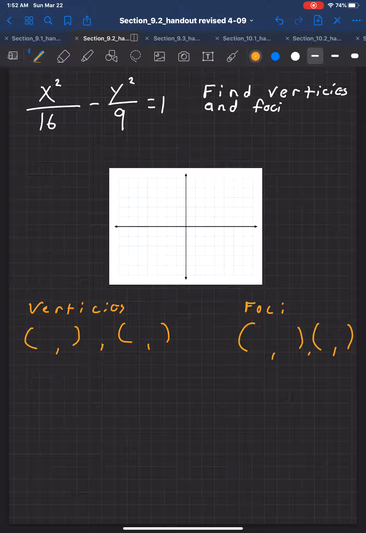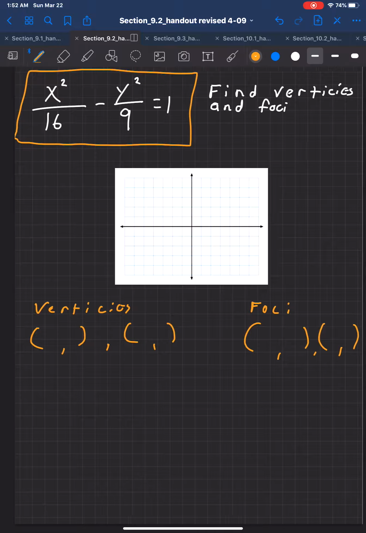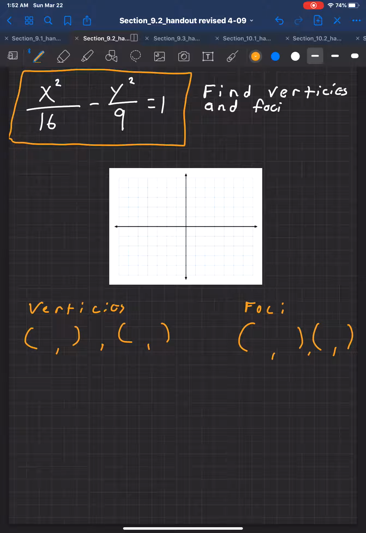All right, so first things first, your job is to figure out, is this equation what we're going to call a vertical or a horizontal hyperbola? Well, if you have to refer back to what I had on the previous page, if the x squared is the positive, then it's horizontal. If the y squared is the positive term, then it's vertical.